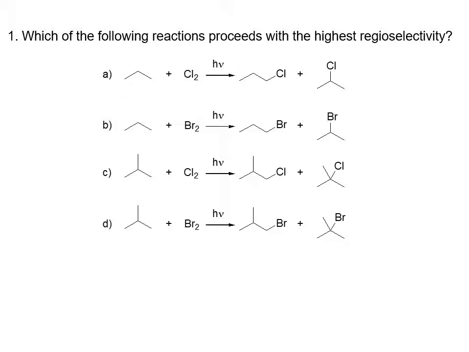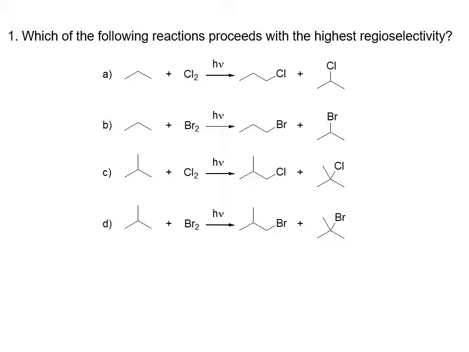In cases C and D, isobutane, we have competition between halogenation of tertiary versus primary carbon atom. And there is a much greater difference in reactivities between tertiary and primary than between secondary and primary carbon atom.